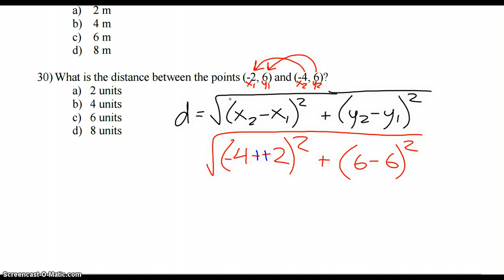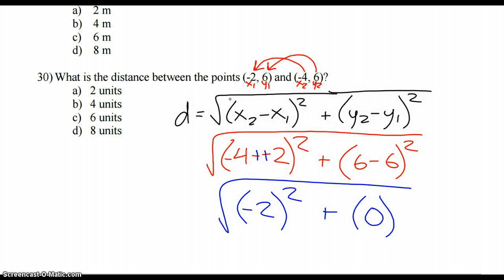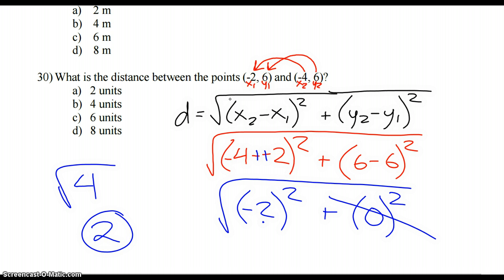I got -4 plus 2, which is -2. We're going to end up squaring that. And remember, we get plus 0 to the second, which is just going to go away. So really here we have -2 times -2, which is +4. When we square that under a square root, that brings us to 2 once we square root that.